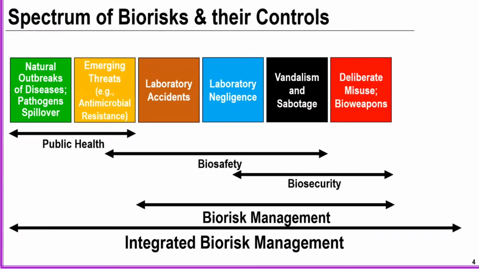Government agencies ensure that regulatory control measures are in place in a laboratory setting to protect laboratorians from unintentional exposure to infectious biological agents, their derivatives, and toxins. We use various techniques and control measures. We call them biosafety control measures.